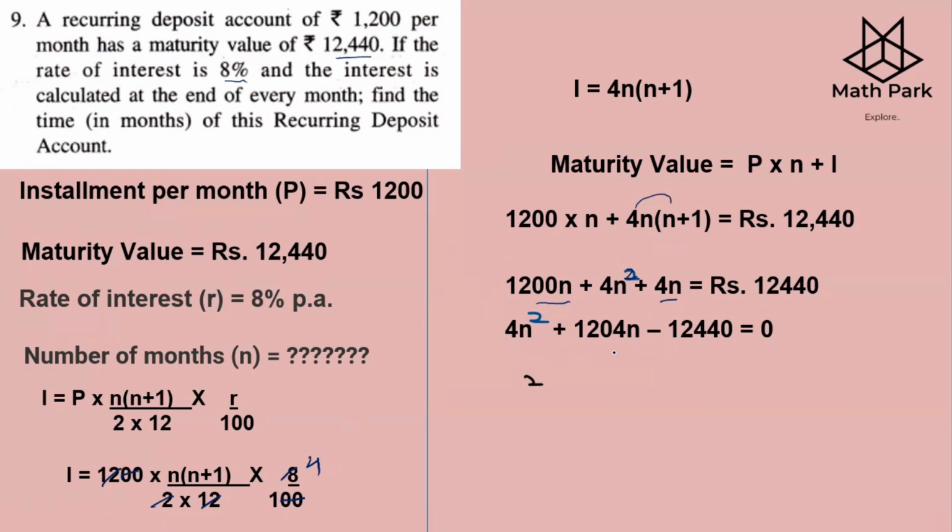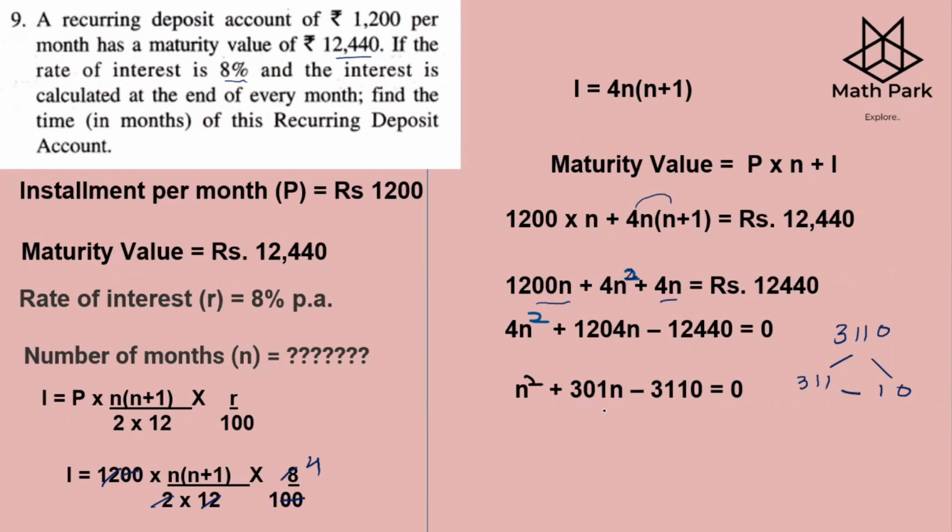Let us divide this throughout by 4. Dividing by 4, we get N square plus 301N minus 3110 is equal to 0. Finding the factors of 3110 such that the difference is 301. So we have 311 times 10 is equal to 3110, and 311 minus 10 we get 301.